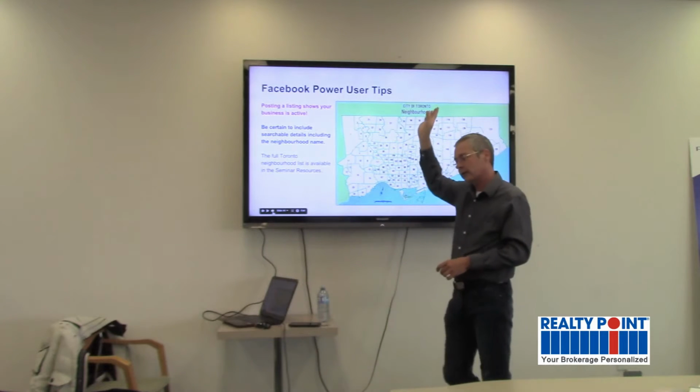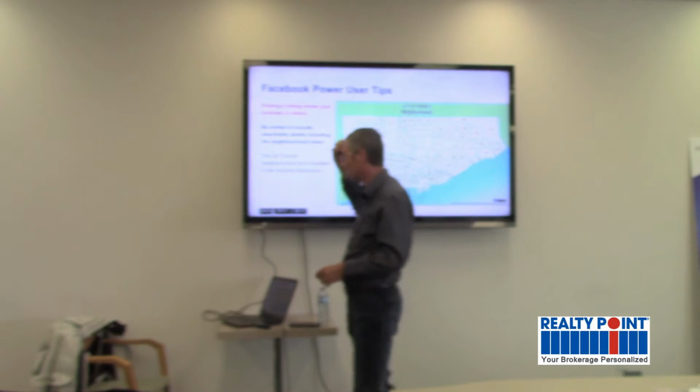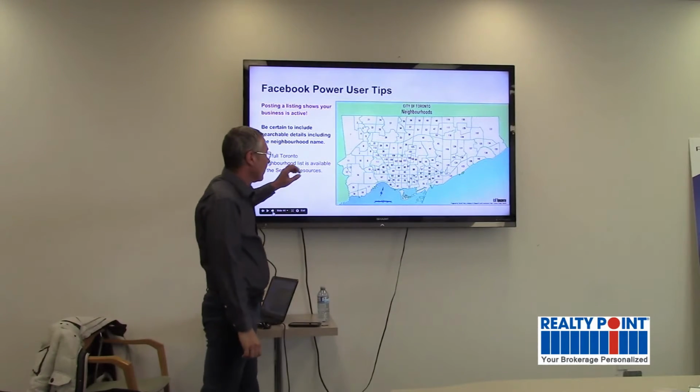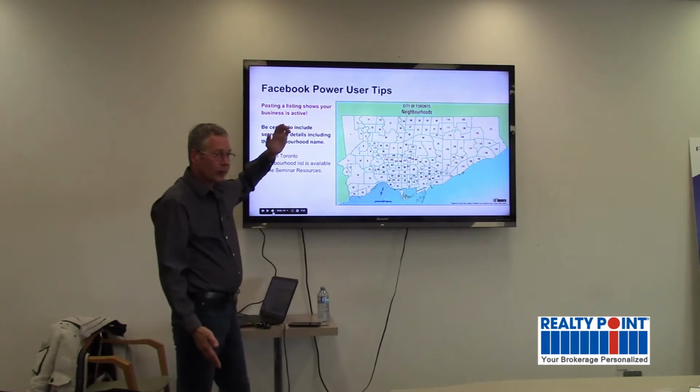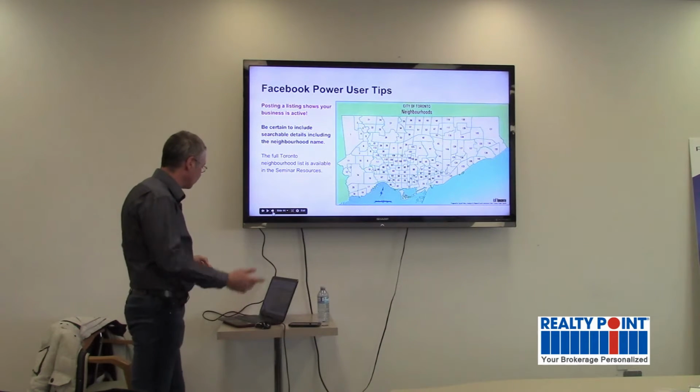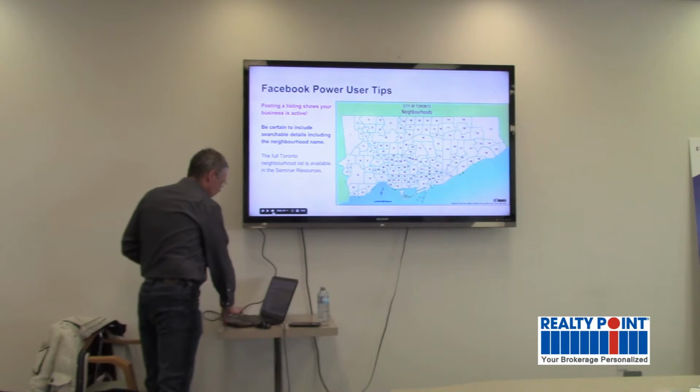There are other neighborhoods, of course, because every city has neighborhoods, but I was only able to find this for Toronto. You'll have this image in the full 140 list of neighborhood names in the resources section that you'll get an email for after this.